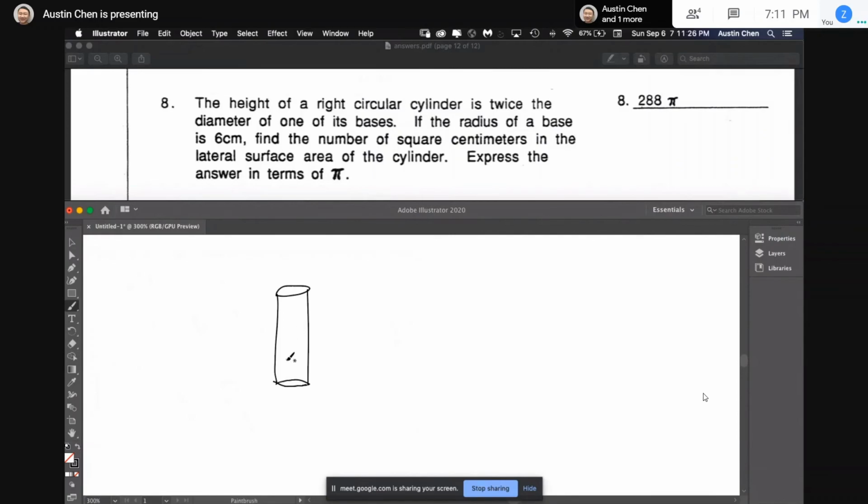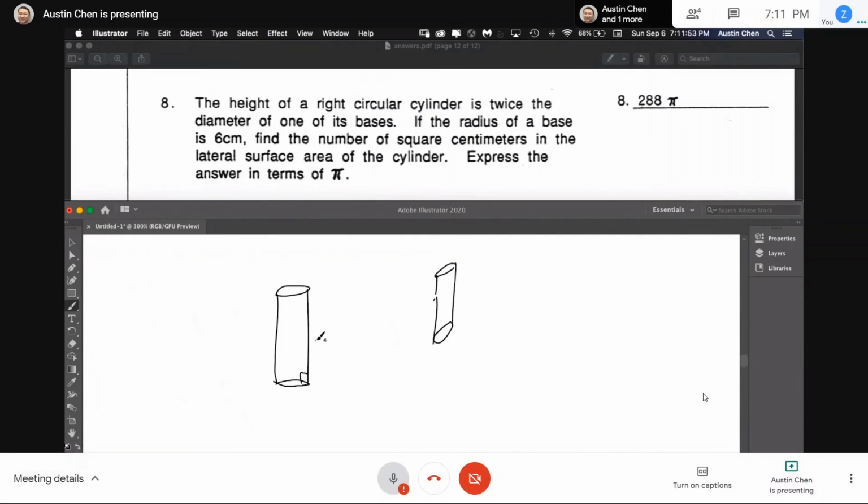You could have skew, slanted bases, so the right part just means that the height and the base make a right angle. So your normal image of a cylinder, and the height of it is twice the diameter of one of its bases. Let's say the diameter is d, and the height is 2d.